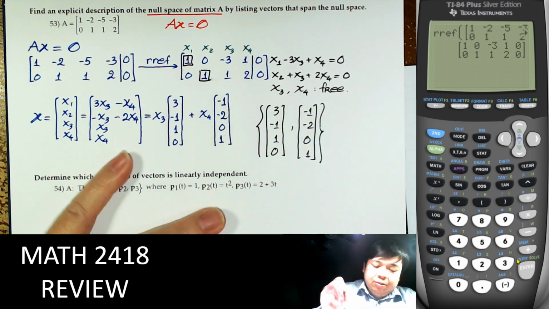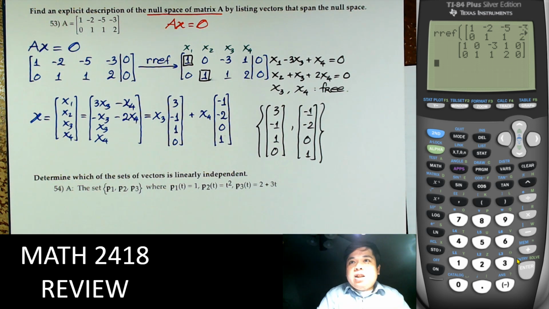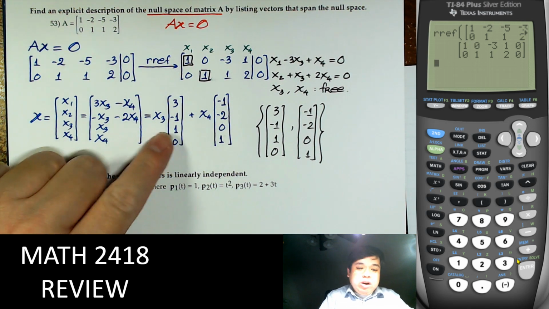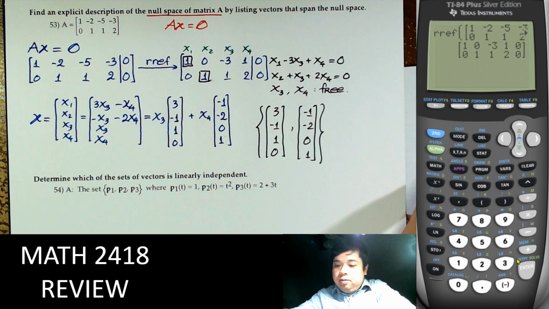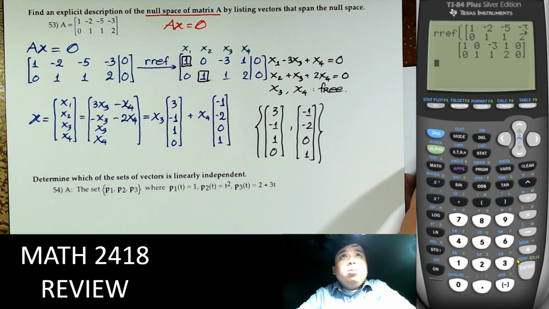Pretty much we solve the homogeneous system, find the solution, write it in parametric form like this, and then we can have the vectors.